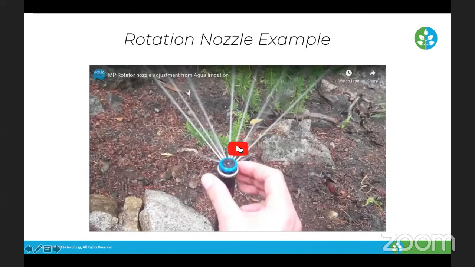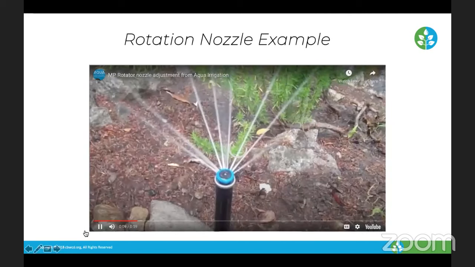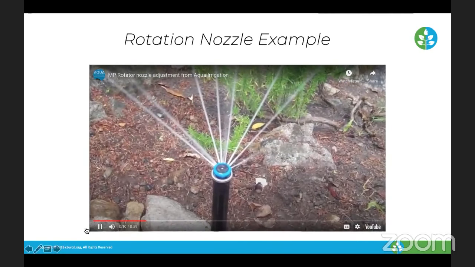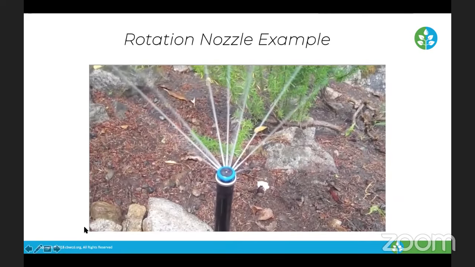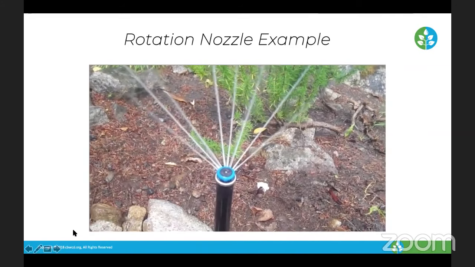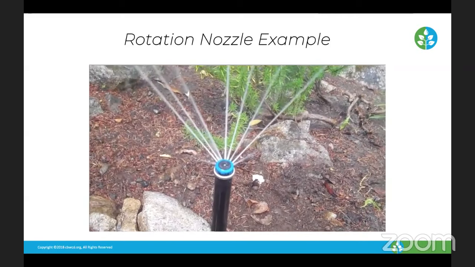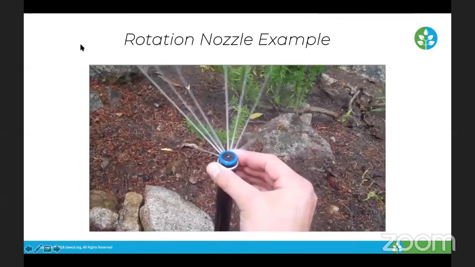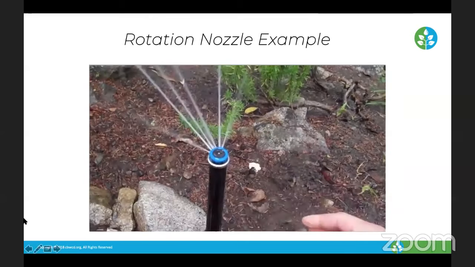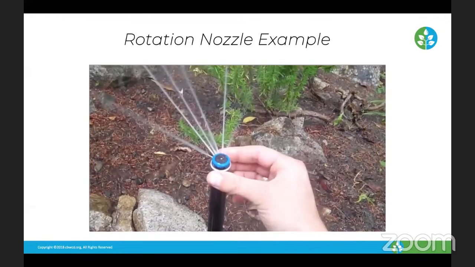So I'm just going to show really quickly how you can adjust these rotating nozzles. The nozzle itself has a fixed arc on the left side. On the right side, it is adjusted by moving the little silver ring on the very top. If you turn the ring counterclockwise, it will close the spray and reduce the arc.